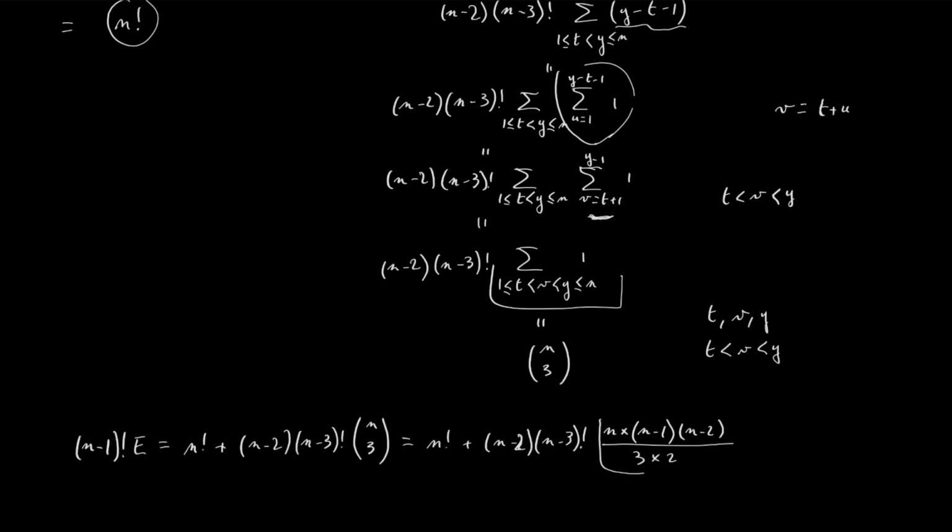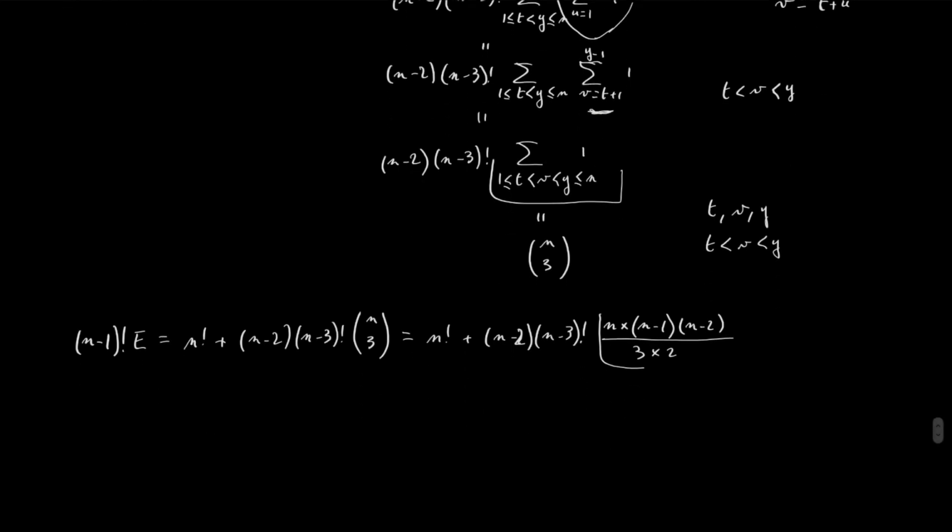So this is basically a developed version of n choose 3. So we have this that is equal to n factorial plus n minus 2, n minus 3 factorial multiplied by n minus 2 multiplied by n minus 1 and multiplied by n, everything divided by 3 multiplied by 2.